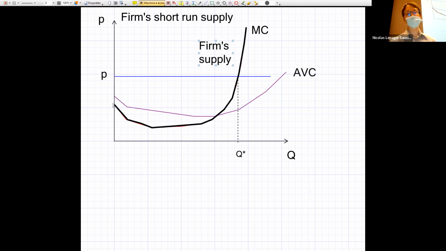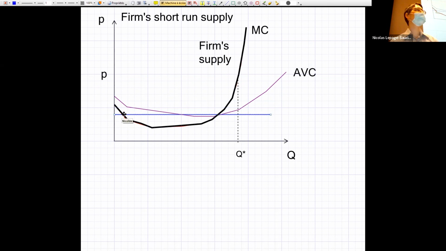And here, actually, what I would be saying is that if the market price is say here, then the firm can choose either to sell this quantity or that quantity, which is not the case. Of course, the firm is going to want to sell as much as possible. Setting a super small quantity would just be very bad because the firm also has fixed costs to pay and stuff. So of course you want to sell as much as possible.